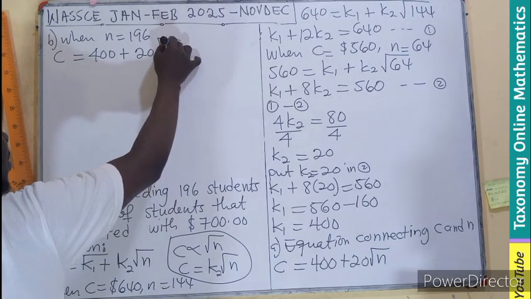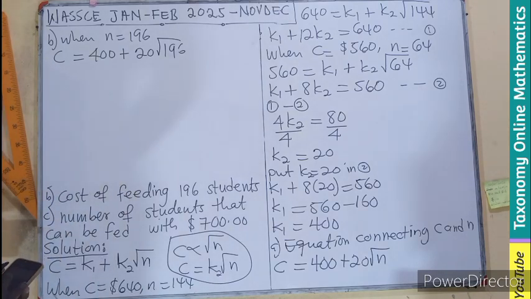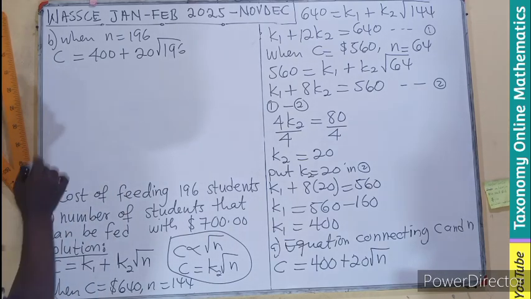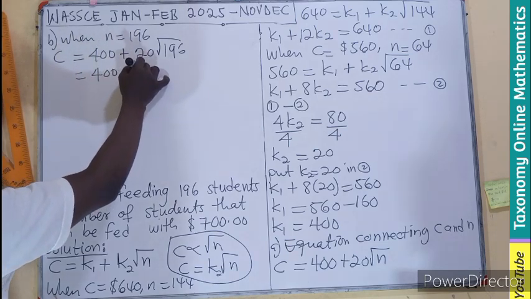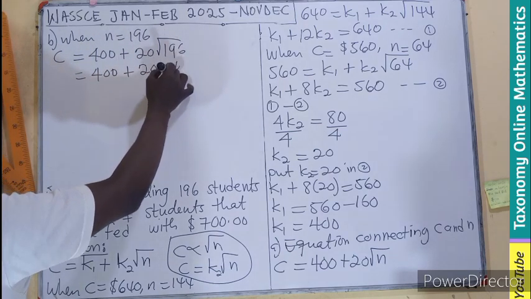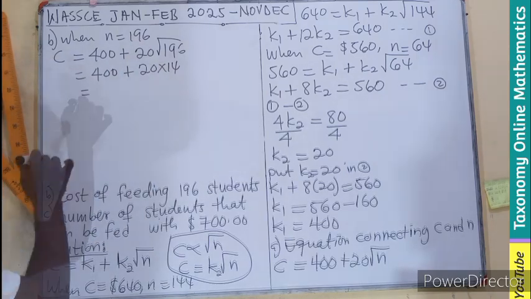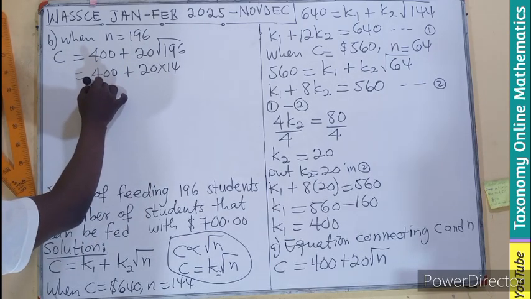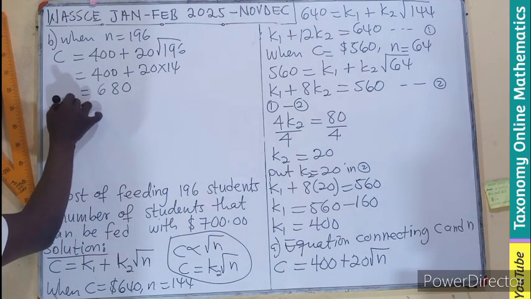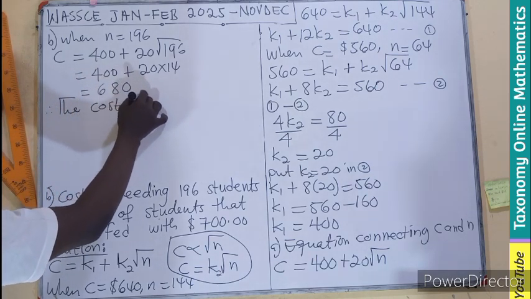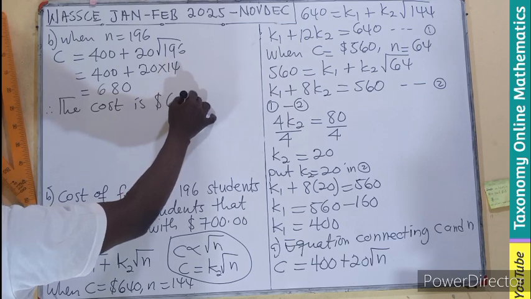And I'm sure root 196 will give us 14. So we have 400 plus 20 times 14. All these will give us 680. Therefore, the cost is going to be $680.